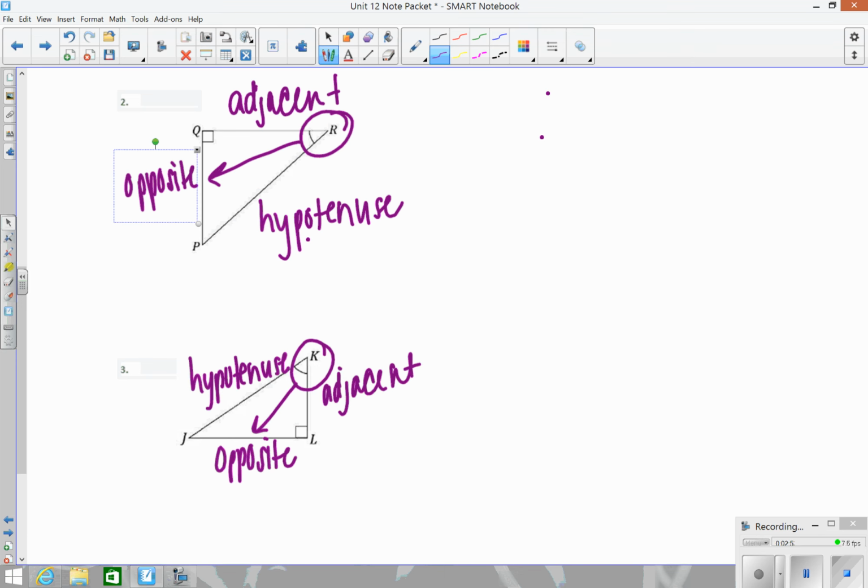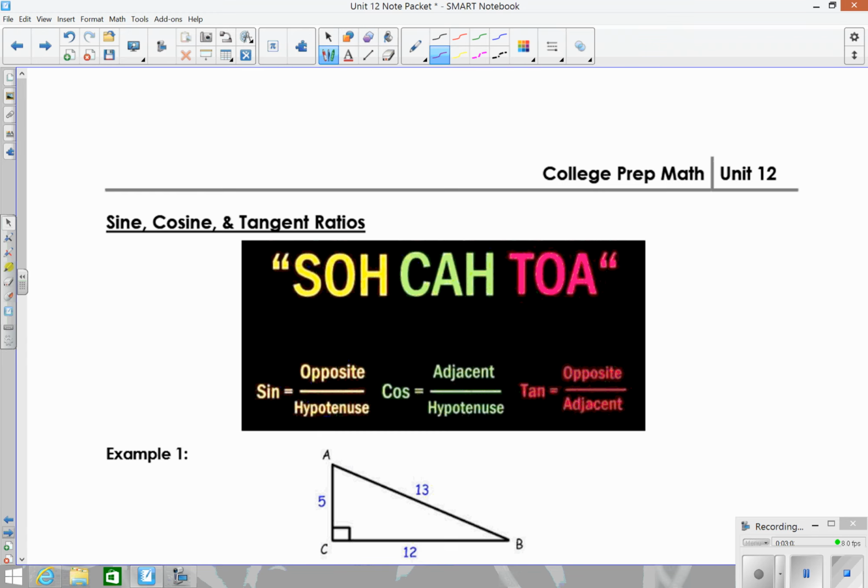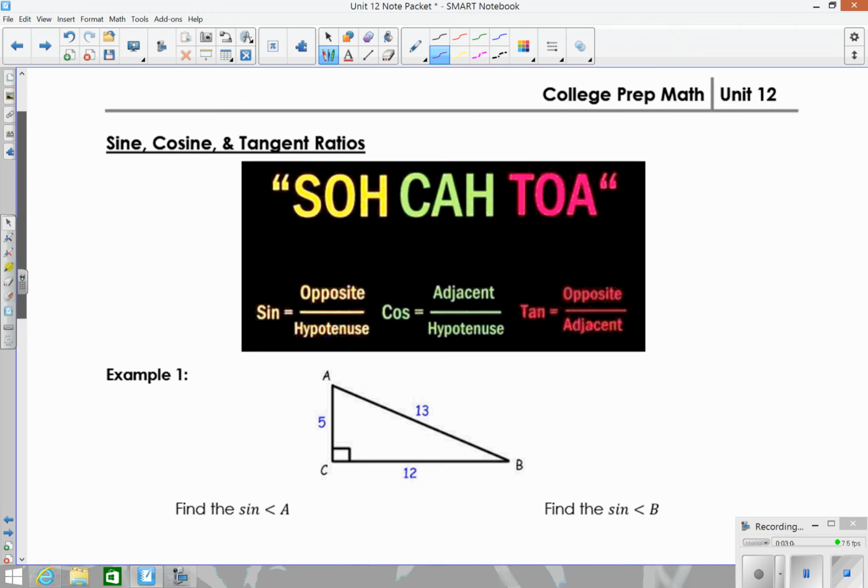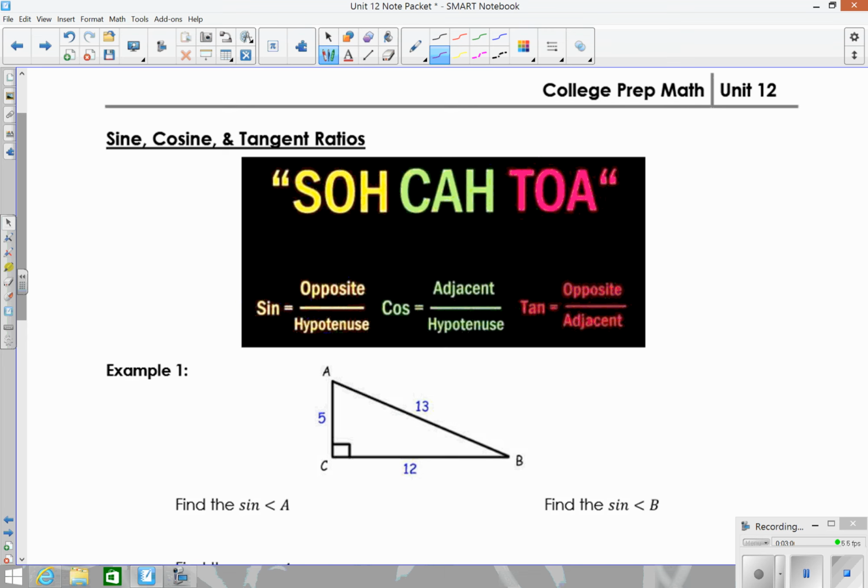So now that we know how to label the sides given an acute angle, let's look at the trig ratios. So we have sine, cosine, and tangent. Basically, how these three things are defined is by those sides that we just labeled. The sine of some angle is equal to the opposite over the hypotenuse.